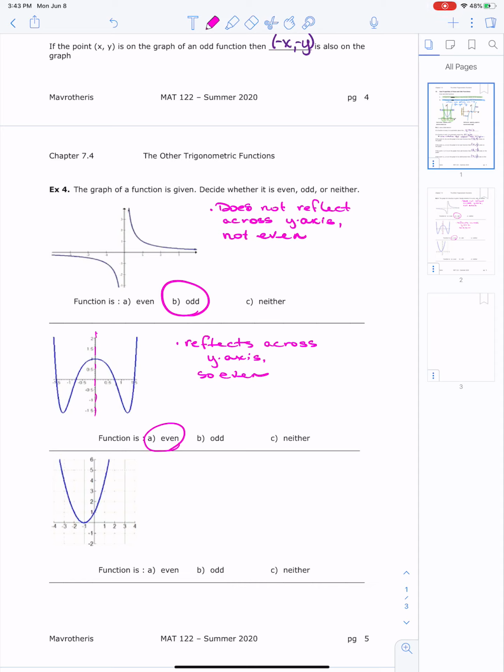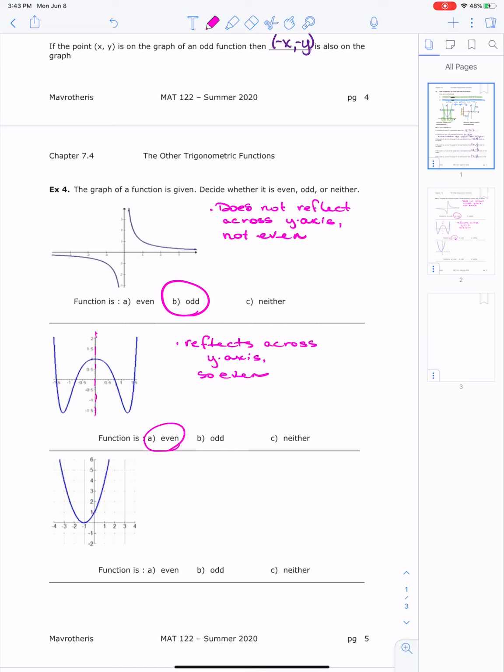So yes, it is possible for a relation to be both even and odd. If it's a function though, it's not going to be both. So we will talk about that later on when we look at some of the funkier functions. For now, we're just worried about even, odd, or neither.